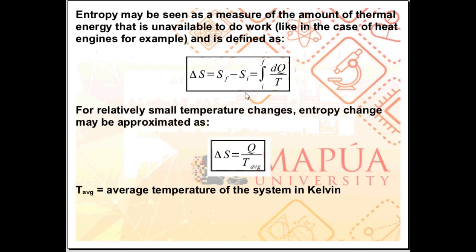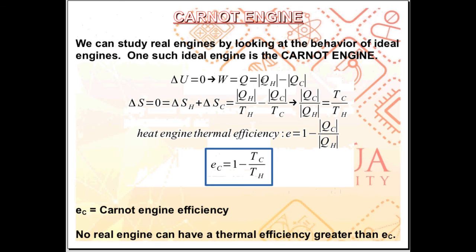Delta S is Q over T for small temperature changes, so much so that we can say temperature can be considered as constant. So Q over T, meaning if you have QH, then you have delta SH.